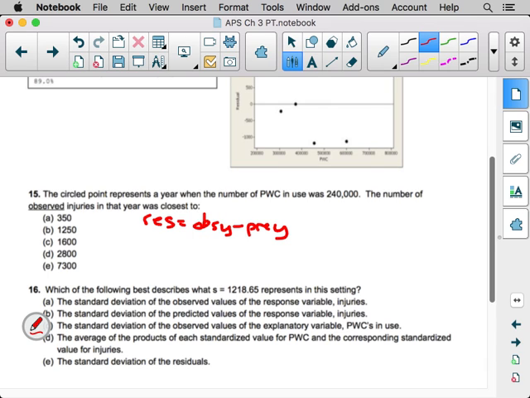This is really fun practice, using it in the reverse way, a backwards way from what we're used to doing. Here, they want the observed value, so I'm not going to find that anywhere. Isn't this what I'm going to use this equation to determine? So we have two other things we need to find: the residual and the predicted value.